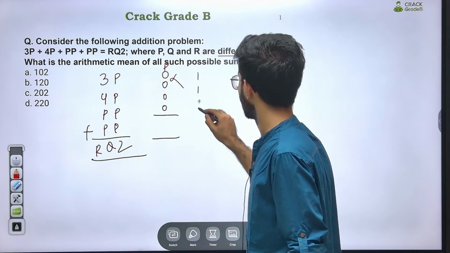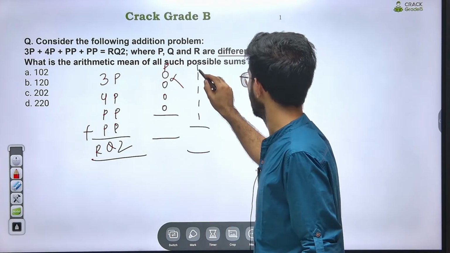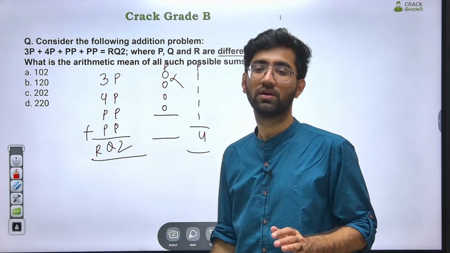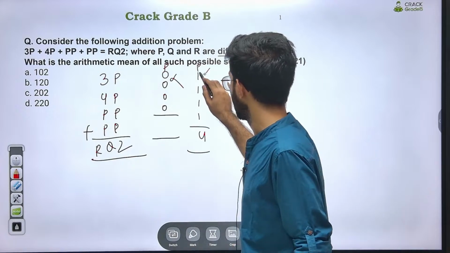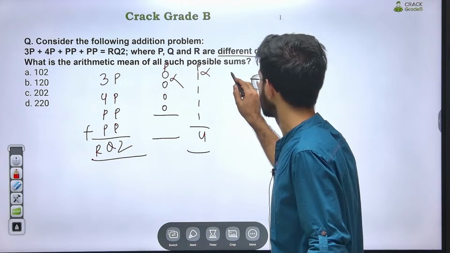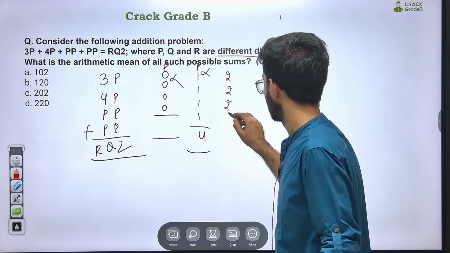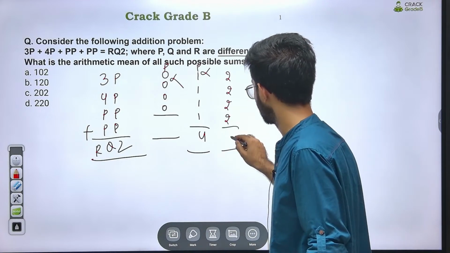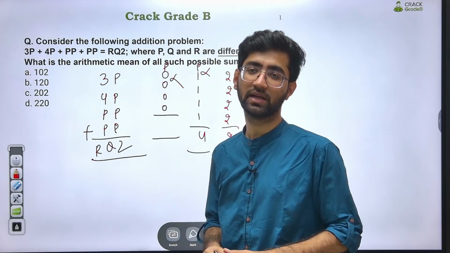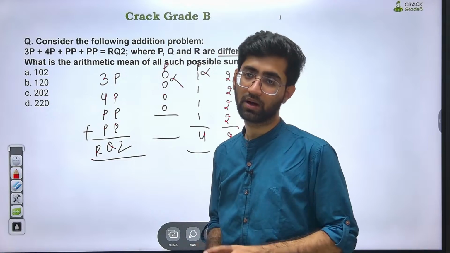If P is 1, if you add all the 1s, you will get 4, but you are getting 2. So you will have to eliminate P being 1. Can P be 2? If P is 2, at unit place we should get 8, but we are not getting 8. Means P can't be 2.